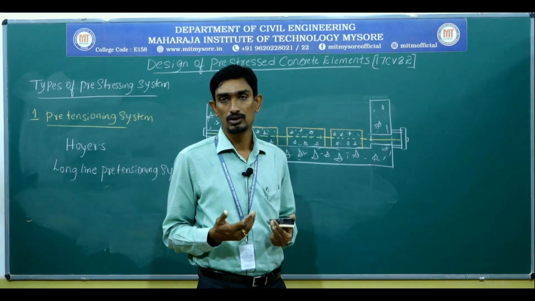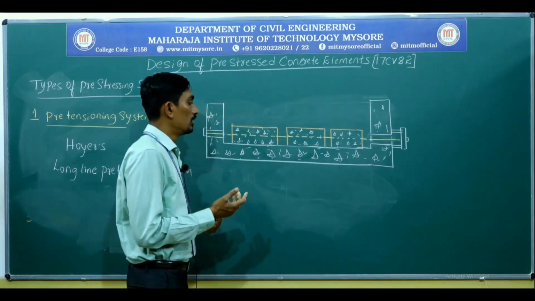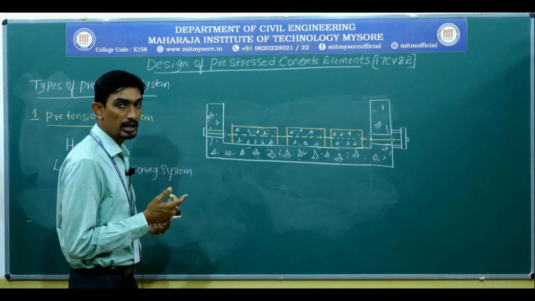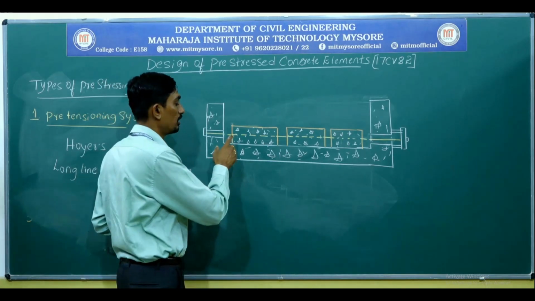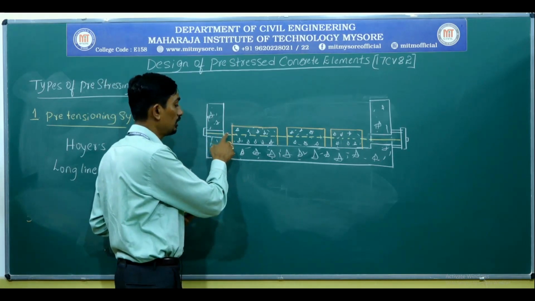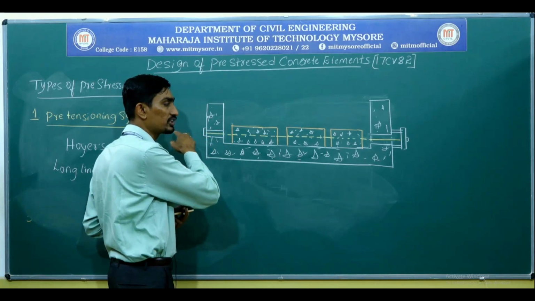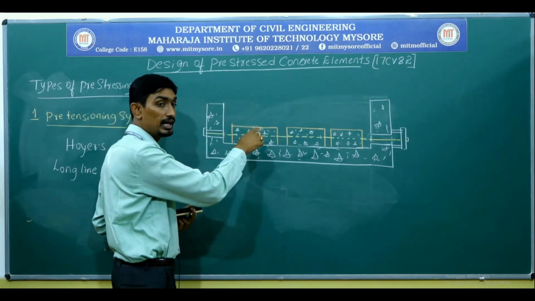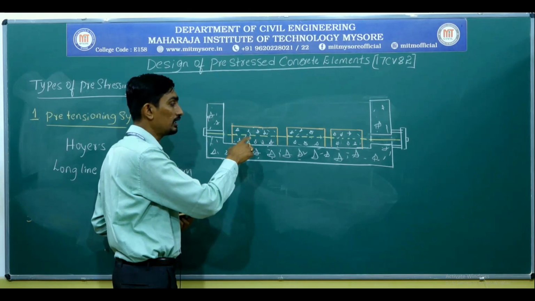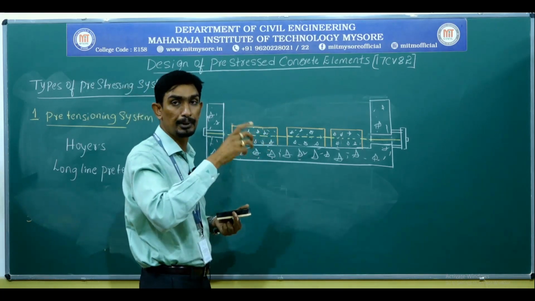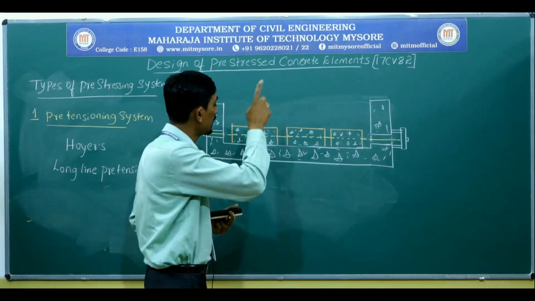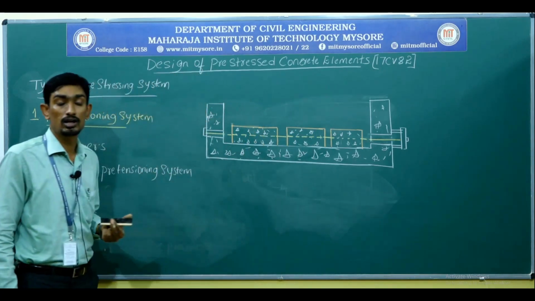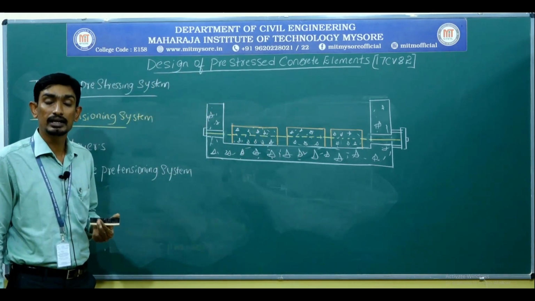Is it clear? One more important thing you need to remember: one tendon will be stretched between the abutments, so that you can induce the pretension in the concrete beams at a time.